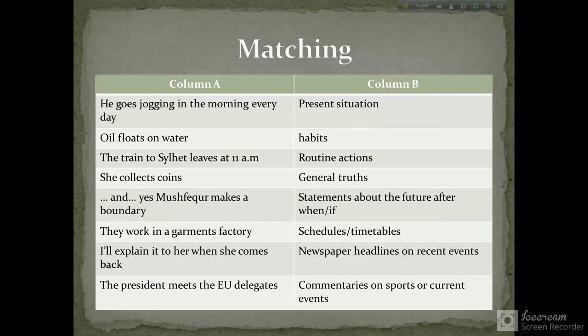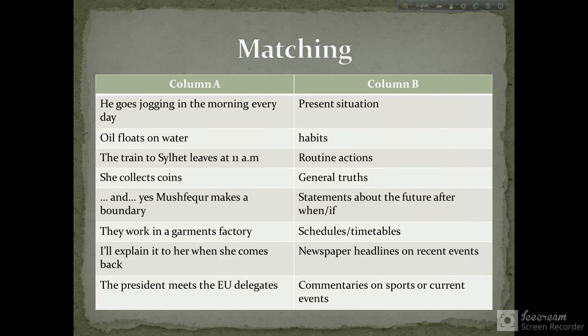What may be the fact? What type of sentence is it? The first one is he goes jogging in the morning every day. Okay, all the sentences here are in simple present form. So you'll have to match the sentences of column A with the words or situations of column B.